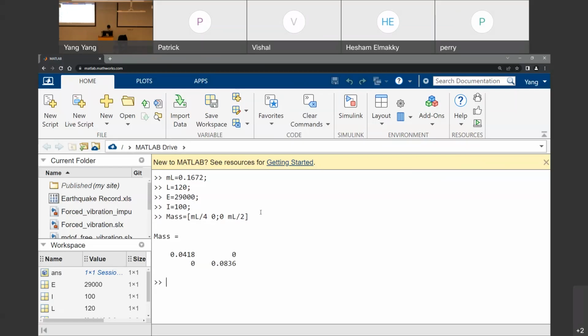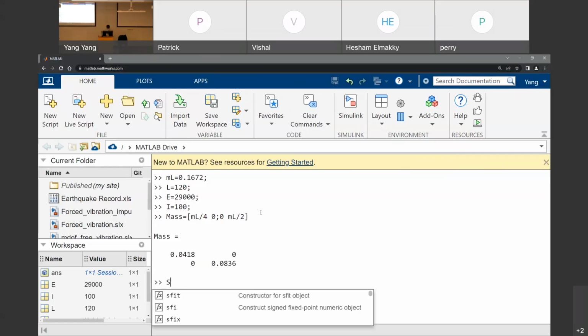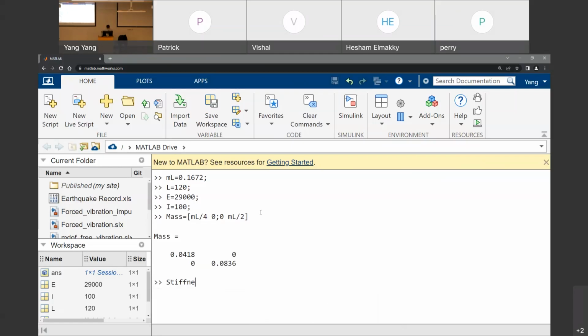For the stiffness matrix, we have 48 times EI over 7 times L cubed times the matrix. The first row is 5, minus 5, and then minus 5, 60.